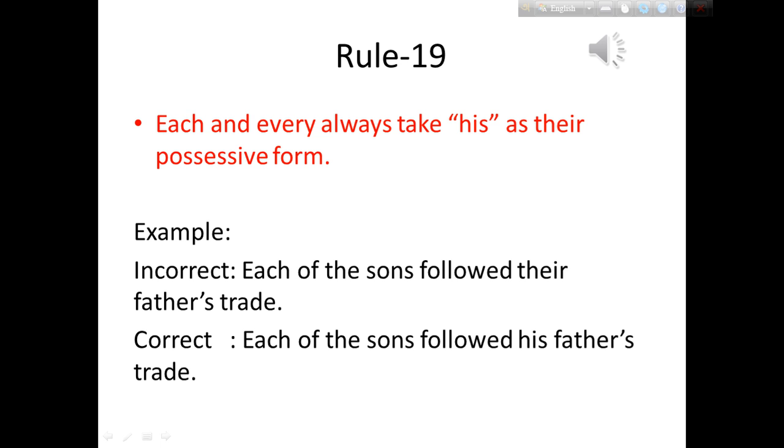So here the very possessive form their is used for each of the sons. So according to the rule, we have to replace this very possessive form their with his. So the correct sentence will be each of the sons followed his father's trade.